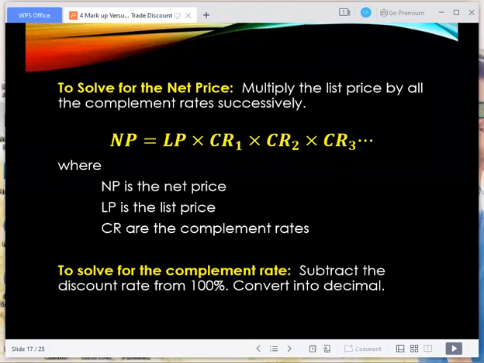That's complement rate. So again, the formula for the net price, that is equal to the list price multiplied to the complement rates, depending on how many discount rates is applicable.